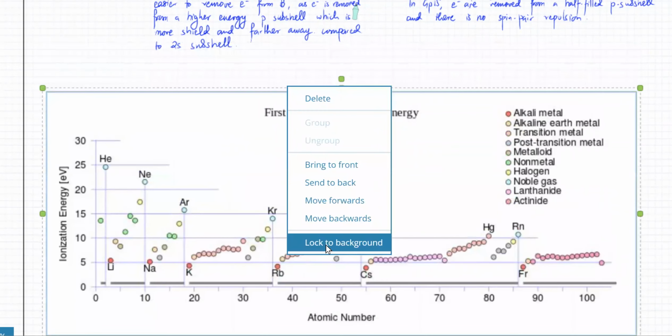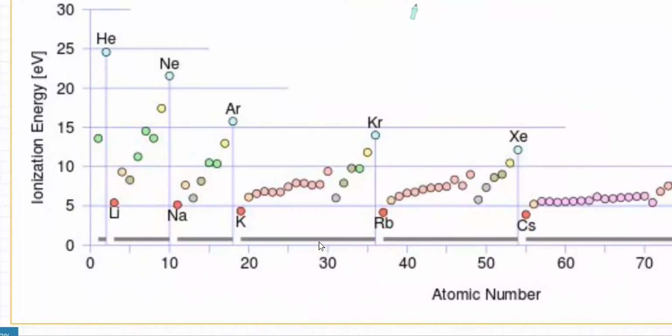They're all following the same trend: it's a rise, then a dip at group 3, 4, 5, rise, dip at group 6, 7, 8. So all periods are following the same trend. Just make sure that in the fourth period you'll also have transition metals, so don't get confused. There would be 10 extra elements. You don't have to know the reasons right now, but just don't get confused. It's the same trend according to the group numbers: dip, rise, then another dip, and then rise and rise. And there would be 10 elements in period number 4.